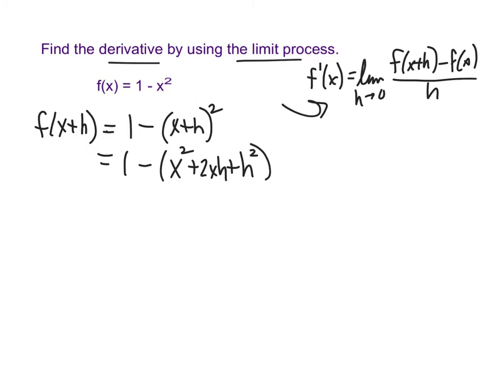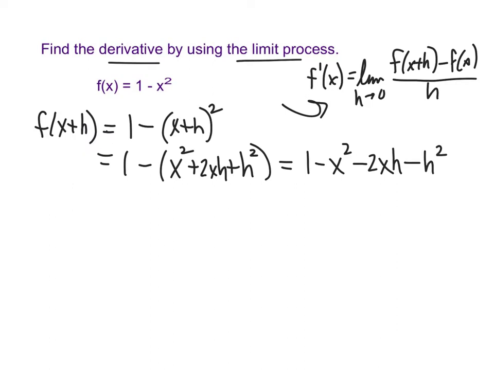So anytime you have to square x plus h, you're going to end up with x squared plus 2xh plus h squared. So don't do the rookie mistake of saying it's x squared plus h squared. No, leave that behind.